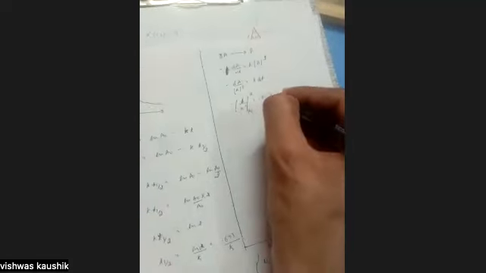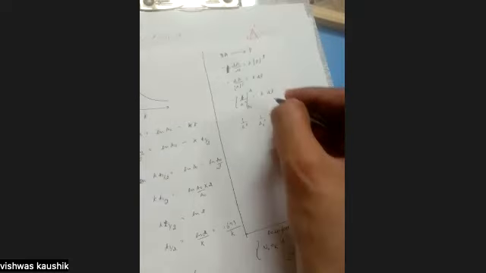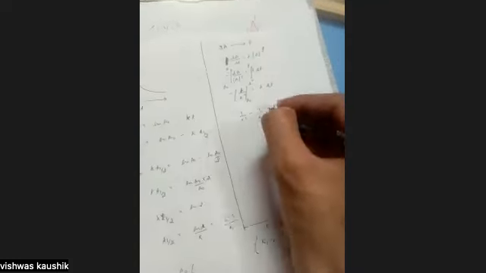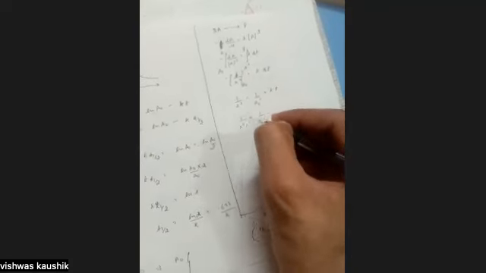On integrating from A naught to A, 1 upon A square minus 1 upon A naught square will be K dt, so 1 upon A square will be 1 upon A naught square plus KT. So this is the derivation of the third order reaction, sir.